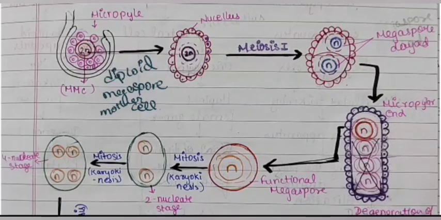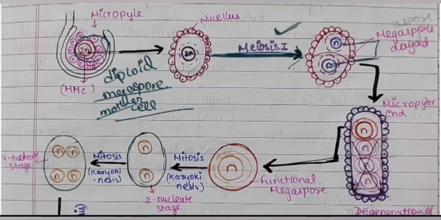Now with the help of the diagram, we are going to understand the process of megasporogenesis, okay. So in the nucleus of the megaspore mother cell, meiotic division takes place. Meiosis first results in division of the nucleus, and it forms the megaspore dyad. Then it again divides and forms four nuclei, out of which three degenerate and only one remains, the functional megaspore.